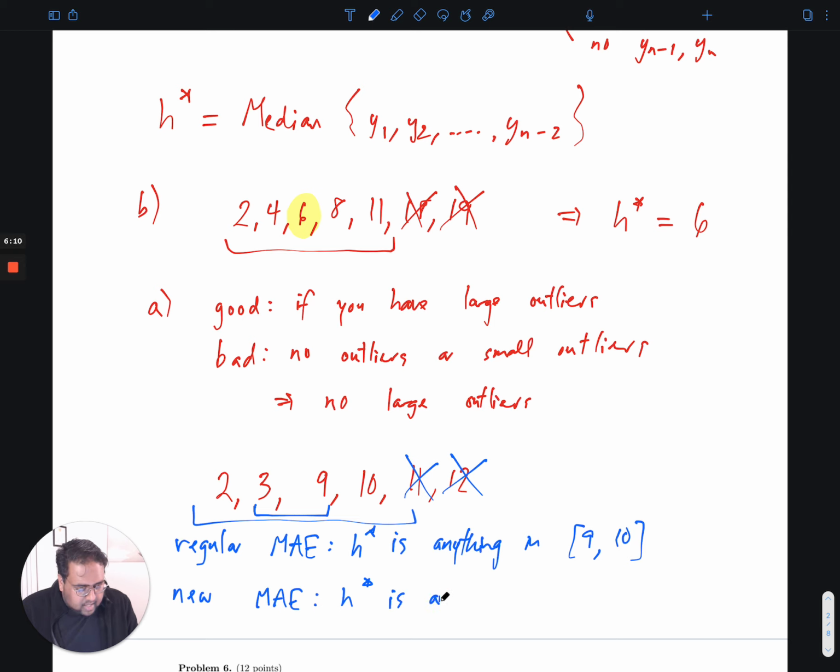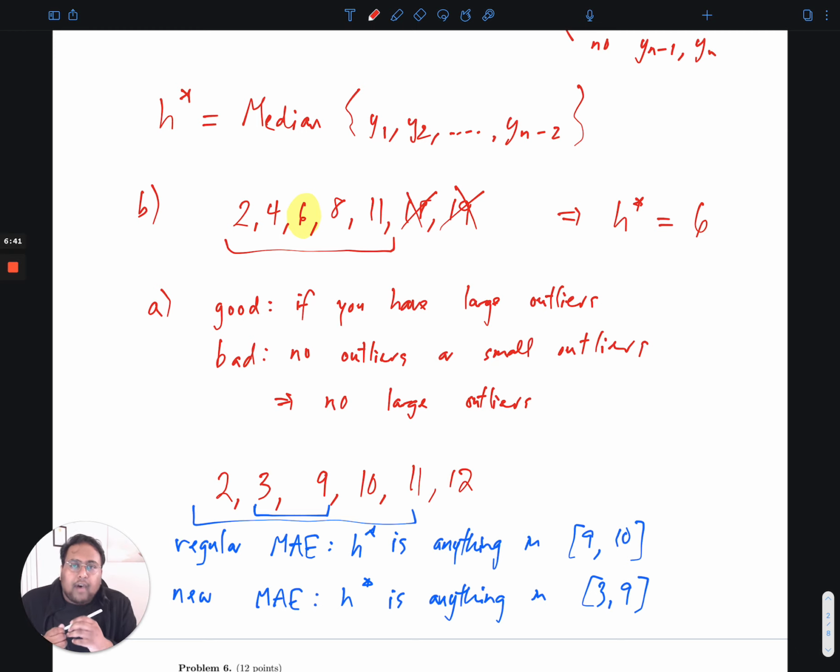So now H star is anything in the interval 3 to 9. But remember, we removed these largest two data points only for the purposes of doing our calculation. They still exist in our data set. With this new prediction rule, 3.1 or 3.5, for example, would minimize the function R of H, so it would be one of the best predictions.